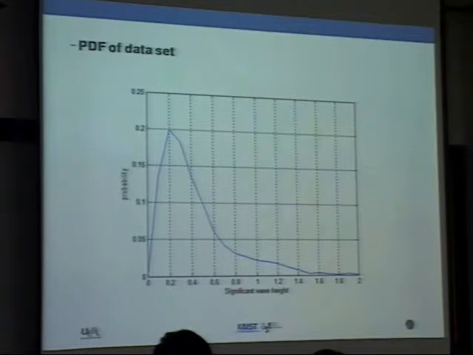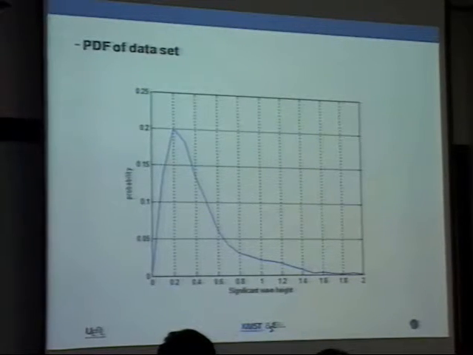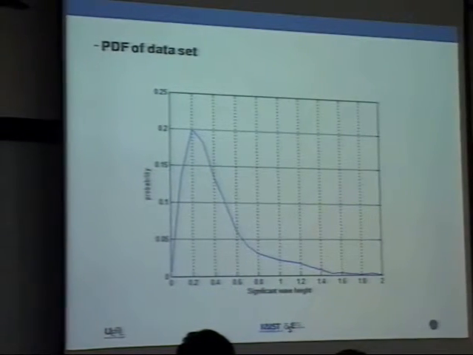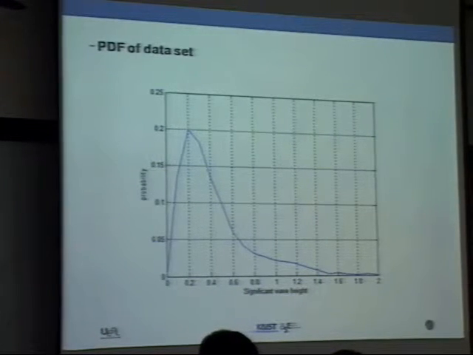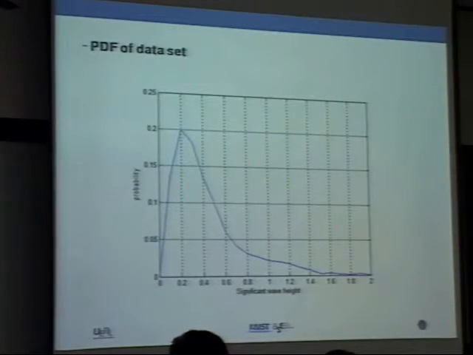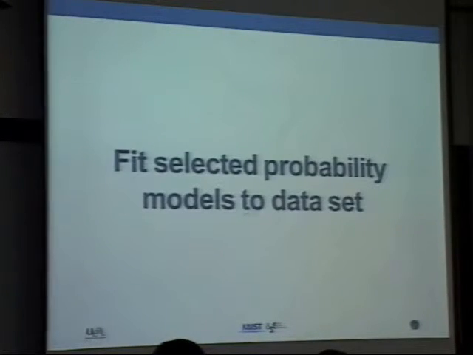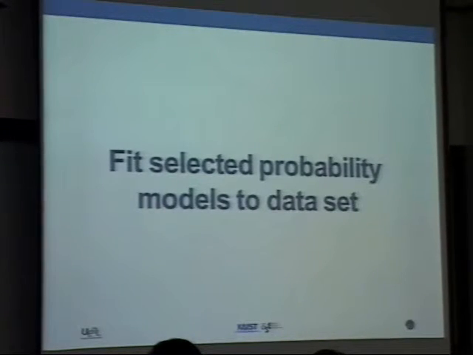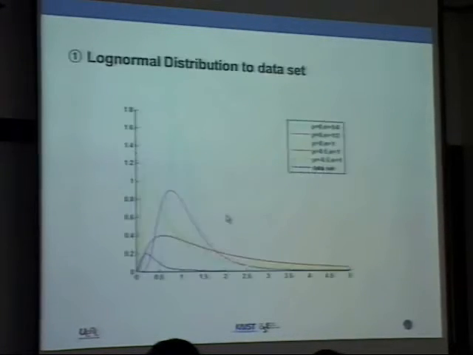So we could know that the log normal distribution, gamma distribution or Weibull distribution model is proper for this data set. Next, fit the selected probability models to the data set.